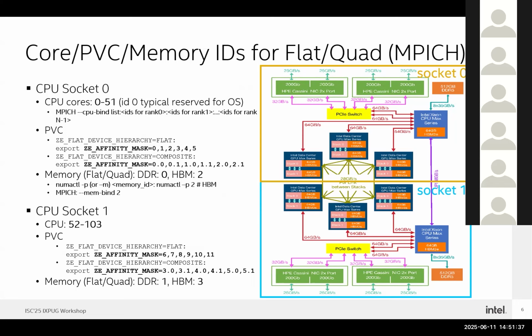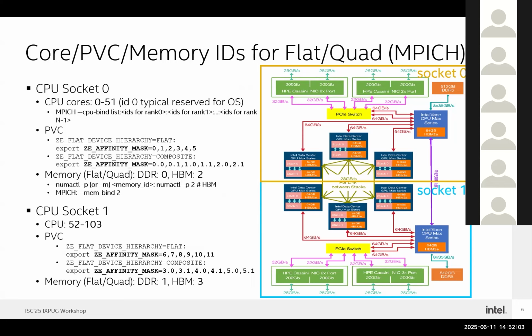And then on the second socket, I start from 52 to 103. So that is the ID of the core. There's hyperthreading, and hyperthreading starts from 104 for the first socket, and there are 52 hyperthreaded logical cores, and then the same thing for the second socket.